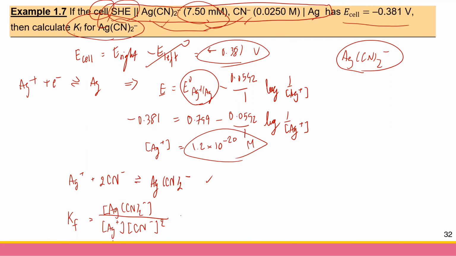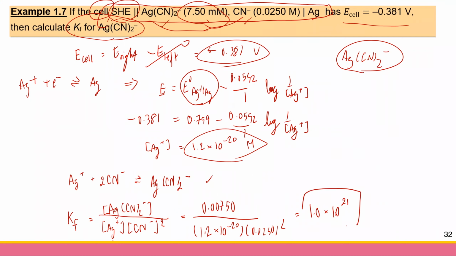So you just substitute everything. 7.5 millimolar is 0.00750, and silver is 1.2 times 10 to the minus 20, and cyanide is 0.0250 squared, and you just plug it into your calculator. So we get 1.0 multiplied by 10 to the 21st as your answer.